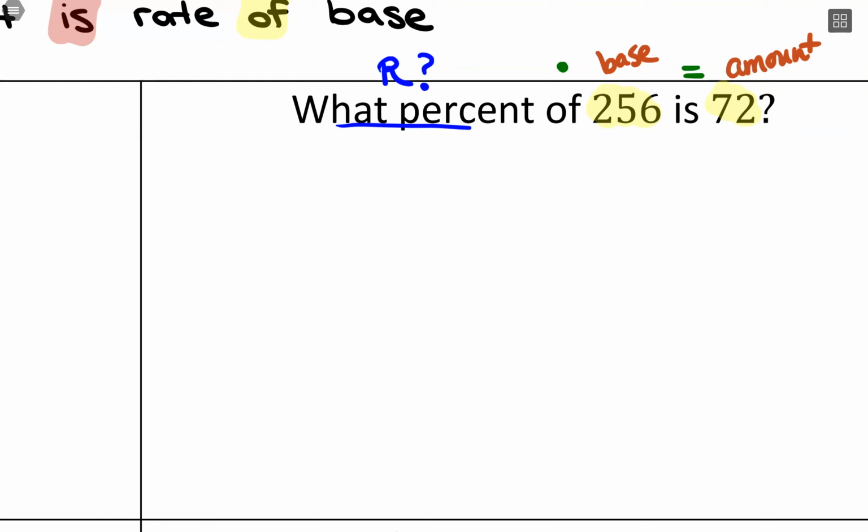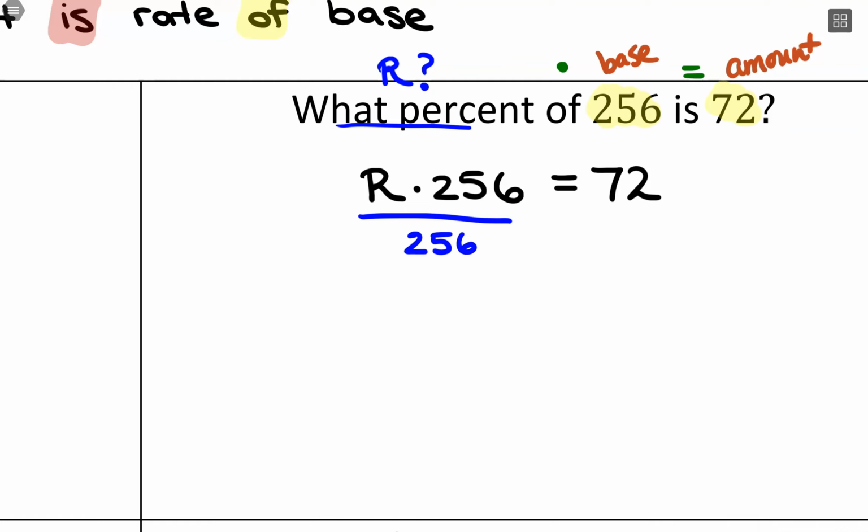So we're going to have unknown r times 256, the base, is equal to the amount, which is 72. And I'm solving for r, so I'm going to divide both sides by 256 so that it will cancel on that left-hand side there. So we'll just have r left over, and then 72 divided by 256.